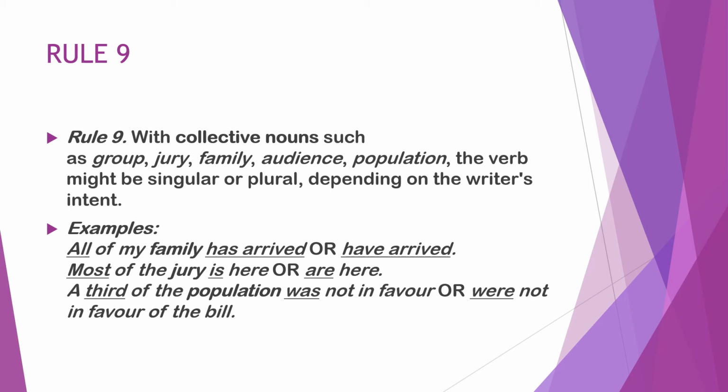Most of the jury is here, but if you know the number, most of the jury are here. Both ways are possible. The sentence that follows will determine whether the numbers were taken into consideration. A third of the population was not in favor, or were not. It depends on the sentence that comes after, which will confirm whether singular or plural was correct.